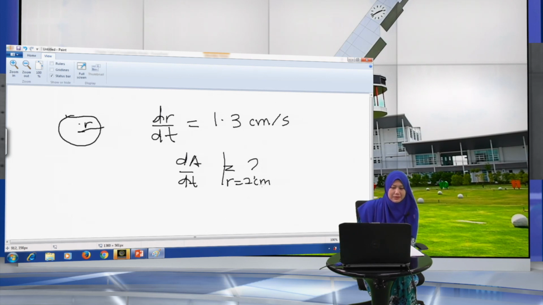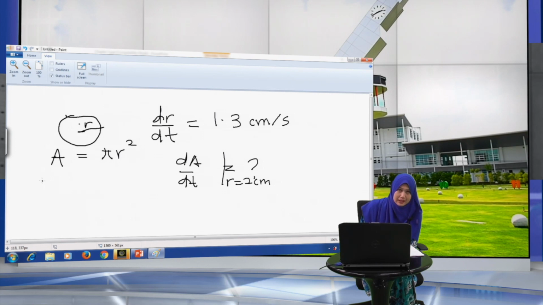So now we can see the relation between area and the radius is A equal to pi r square. Okay, this is the formula for area of a circle. We want to find dA/dt.